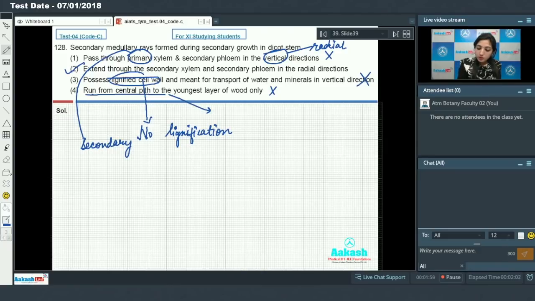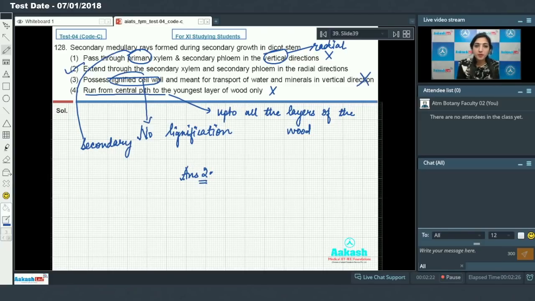No, it runs from central pith up to all the layers of the wood. So this is incorrect. So out of these four, option number 2 is correct. So answer to this question is option number 2.